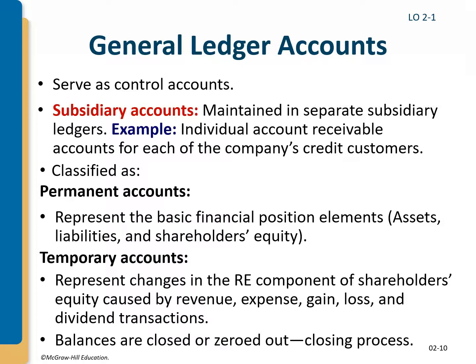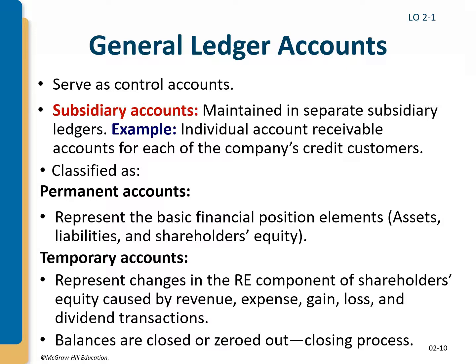We're only allowed to collect information in those accounts for one accounting cycle. When that accounting cycle is complete, we need to reset them to 0 to prepare them for the next accounting year so we can collect information about revenues, expenses, gains, losses, and dividends for the next year. And we call that the closing process.